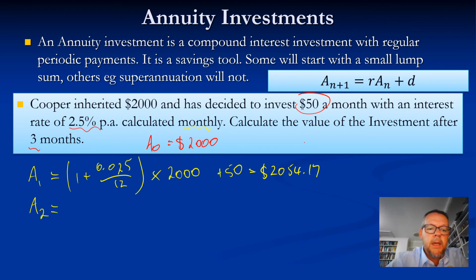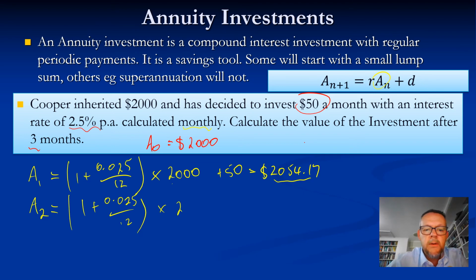Now let's have a look at the second month. So it's 1 plus. Well, we've still got our 0.025 over 12 times. Now what do we do here? We have to use the previous one here.